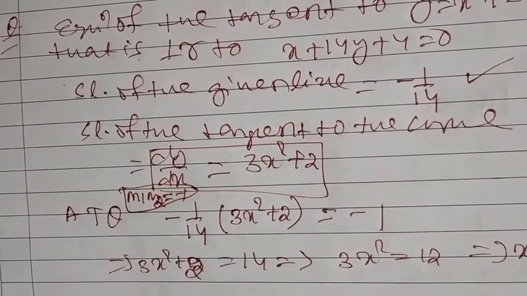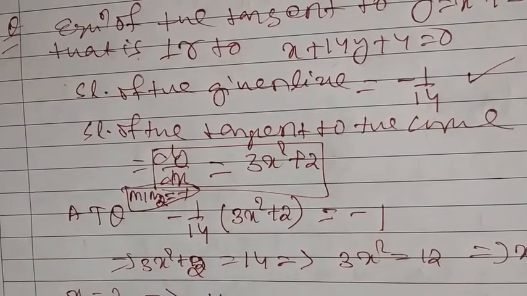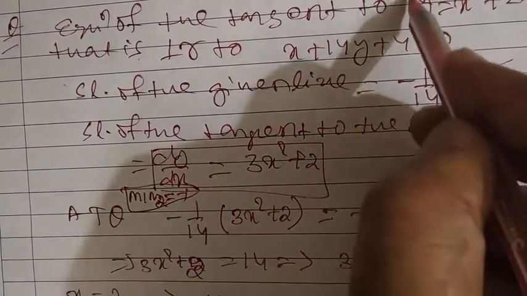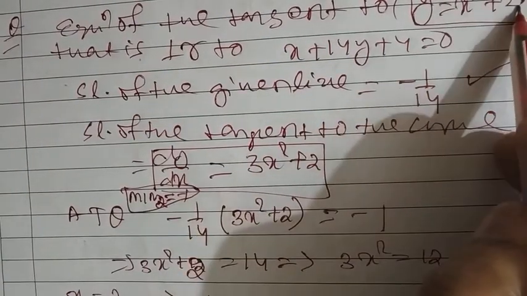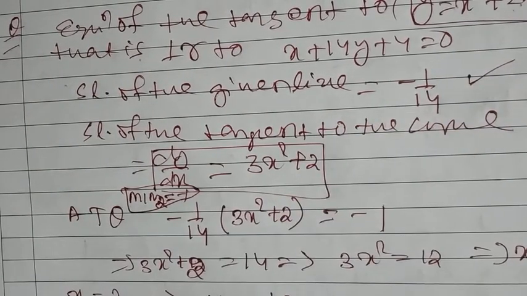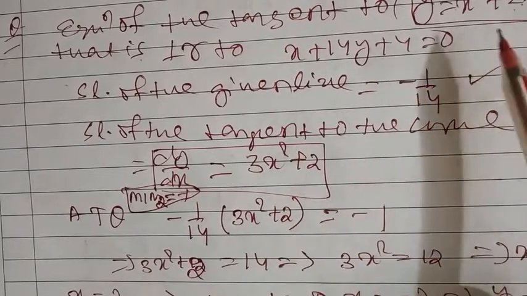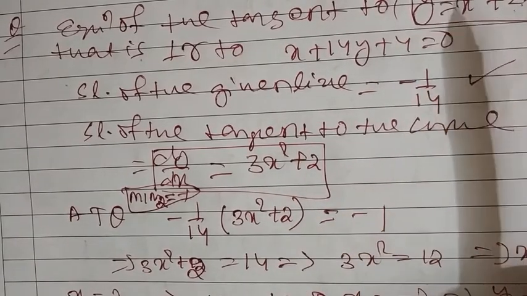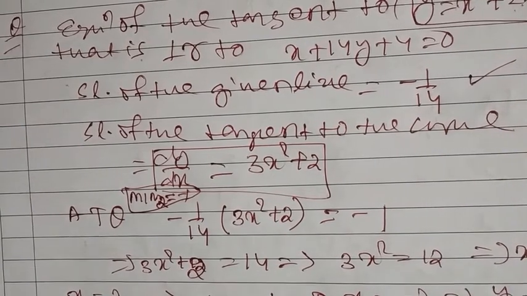So if x is plus minus 2, x equal to 2 gives me y is equal to, equation में डालो, 8 plus 12, 8 plus 4, 12 plus 6, 18. x equal to minus 2 gives me y is equal to minus 8 minus 4 minus 12 plus 6, minus 6.